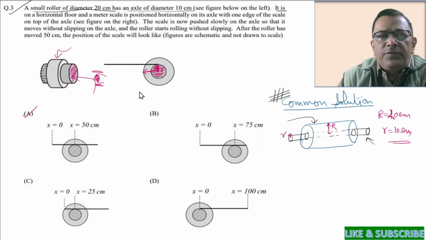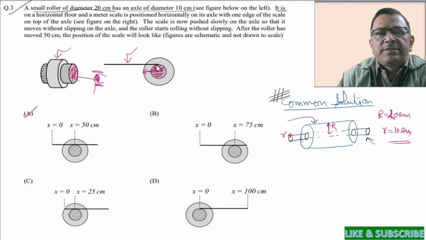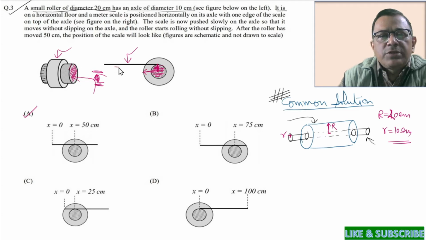And over here, in figure B, here is a meter scale. One side of the meter scale is kept over the axle. Is that right? This is where it has been placed. And then this meter scale is pushed in the forward direction.